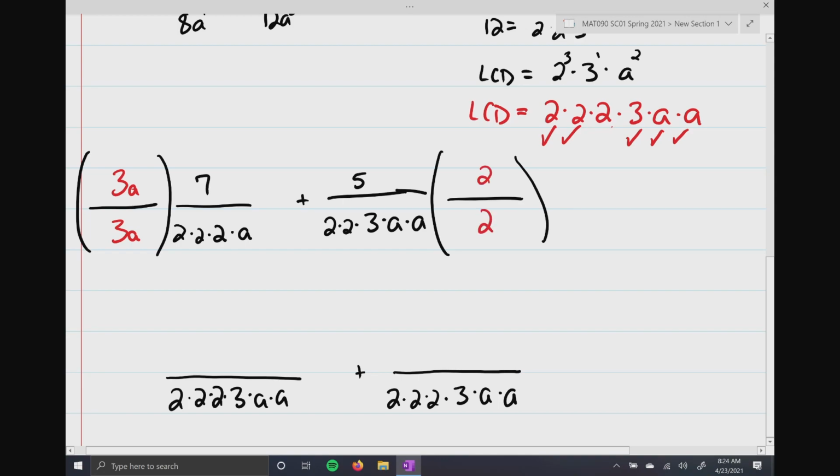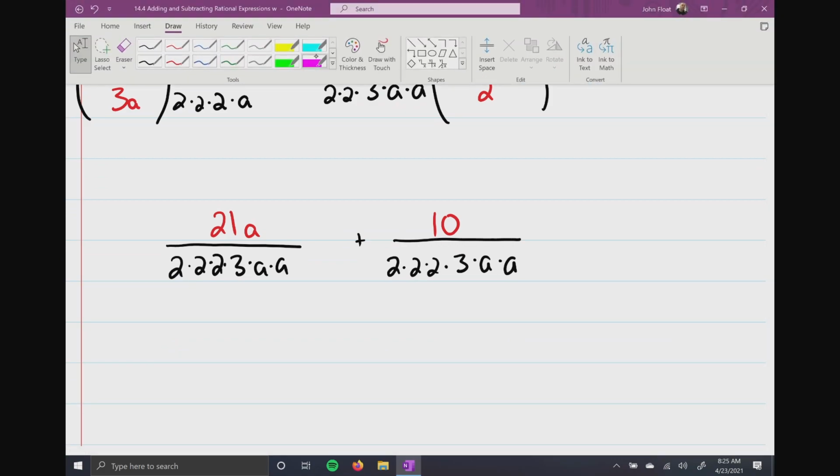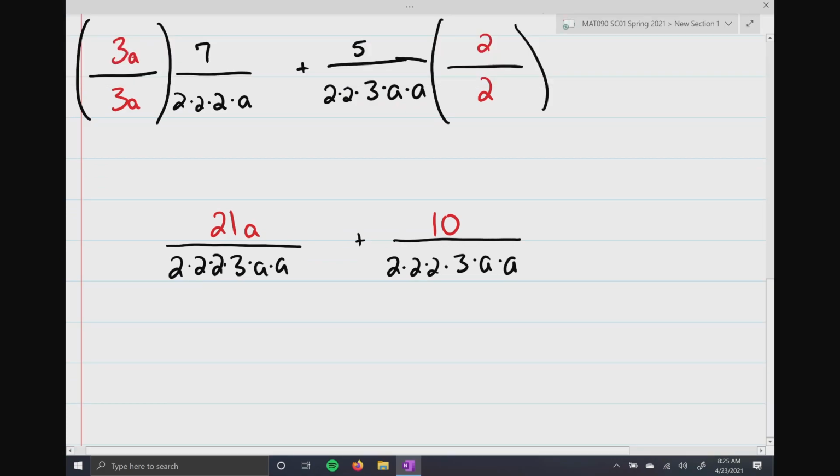So now that I know the denominators are the same, because I filled in the missing pieces, I'm just going to multiply the numerator. 3A times 7 is 21A. 5 times 2 is 10. And I'm going to write this nice and neat so I have just one denominator and one numerator.